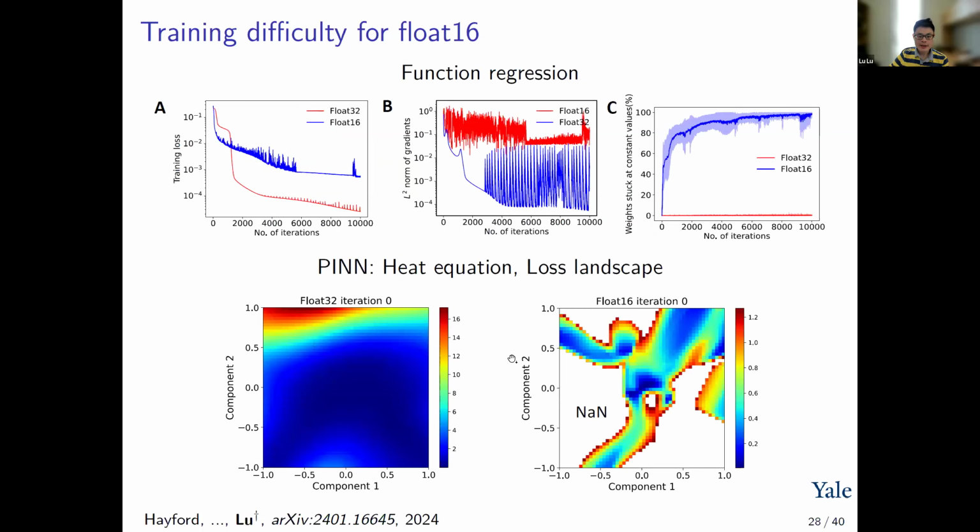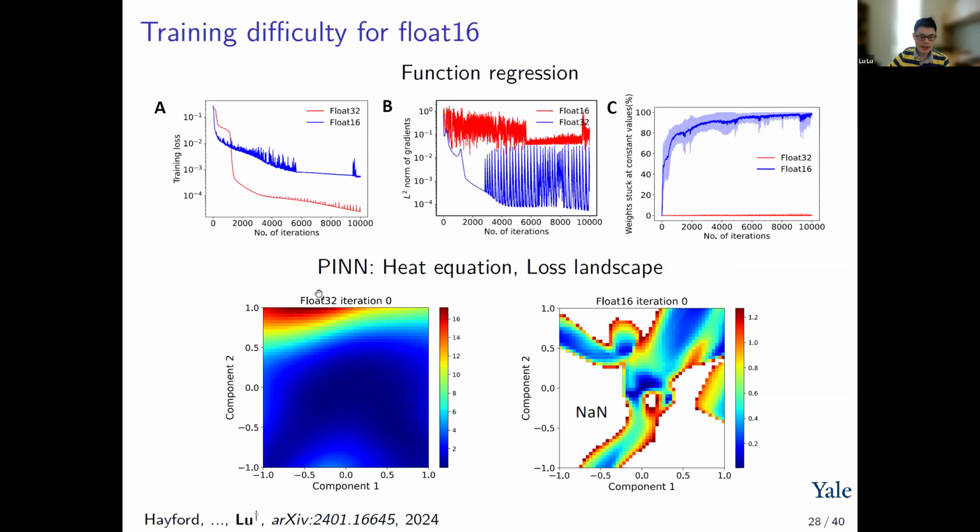The reason is we can check this in terms of the training loss and also the value of the gradients. We found that for the regression problem, we in many cases require a highly accurate gradient value to update the network. By using float 16, the gradient has large error and cannot make sure our network will converge to a local minimum.